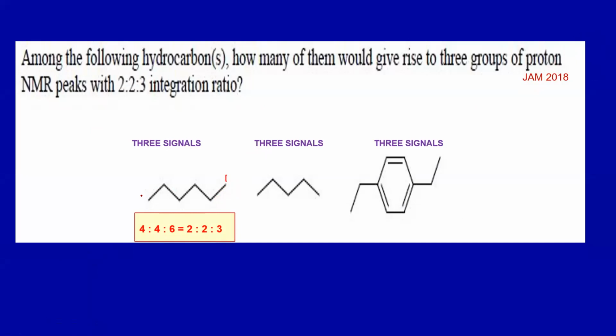First signal, second signal, third signal. So it will give 3 signals again. First signal, second signal, third signal, first signal, second signal. So all these will give the third signal. Naturally, this will be 6 hydrogens, 4 hydrogens, and 2 hydrogens. So 2:2:3.